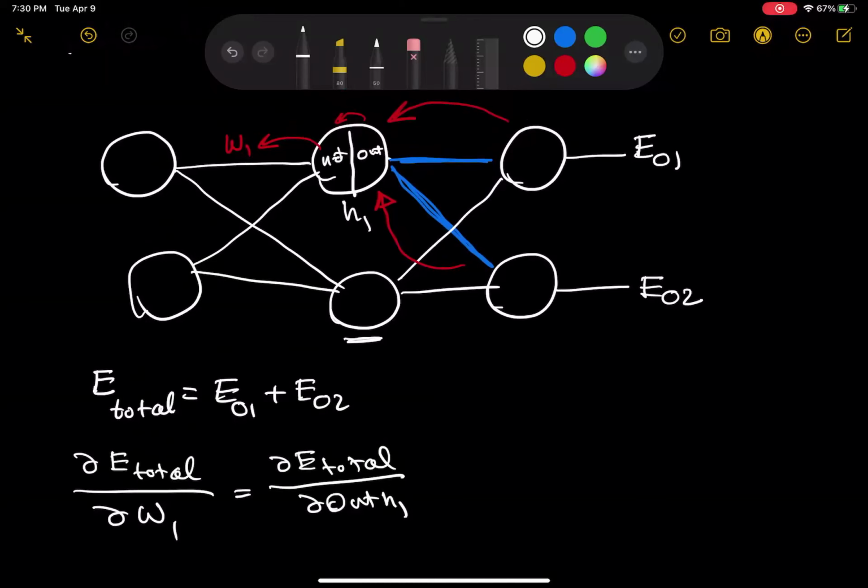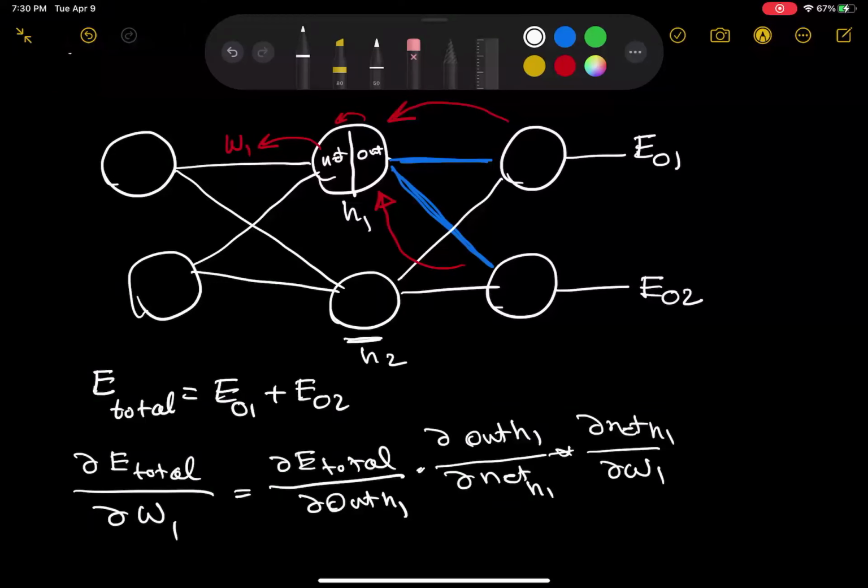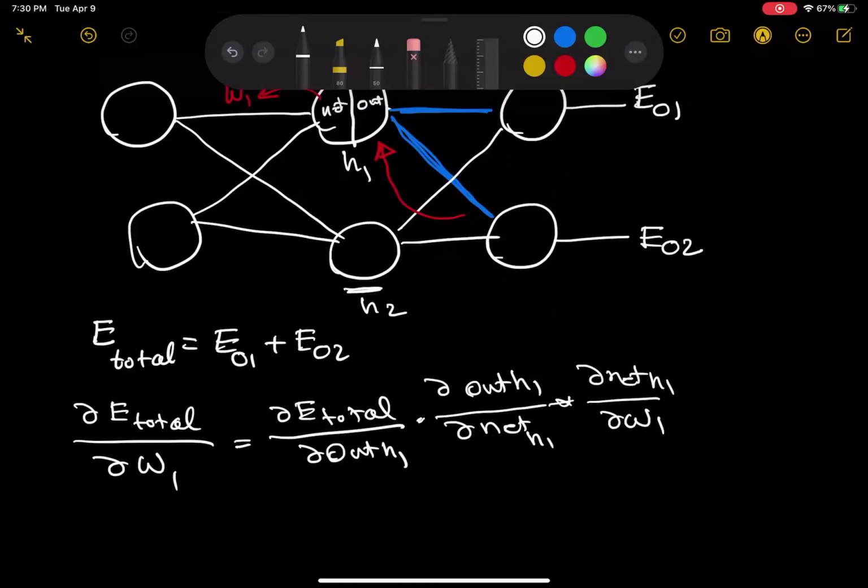This is H1, and this is H2. Multiply by the derivative of out H1 with respect to net of H1, multiply by the derivative of net of H1 with respect to W1. Make sense? Again, chain rule. This chain rule becomes a little bit larger because E total with respect to out of H1 can also be extended.